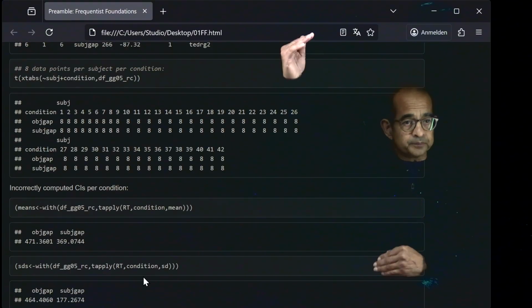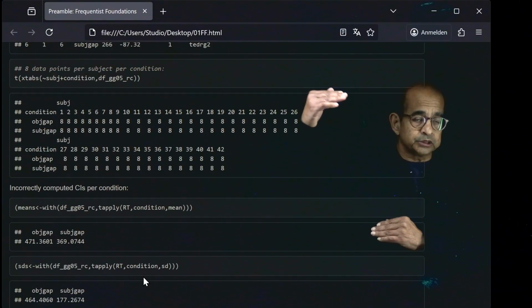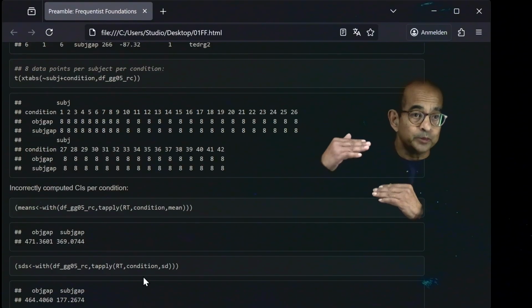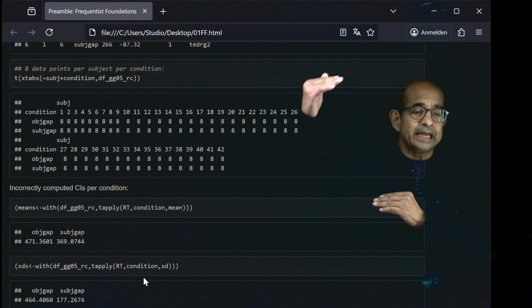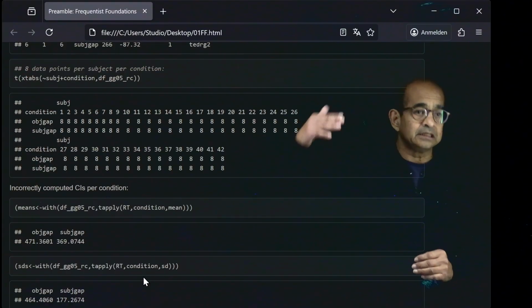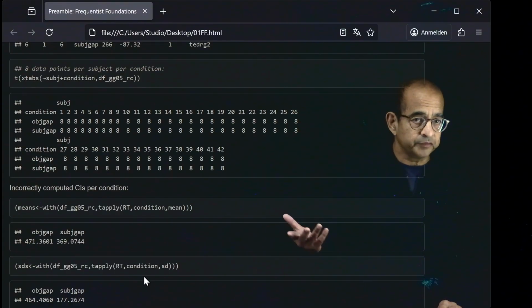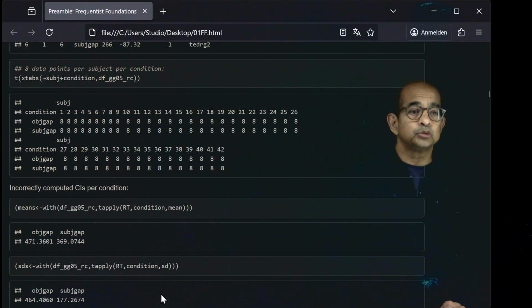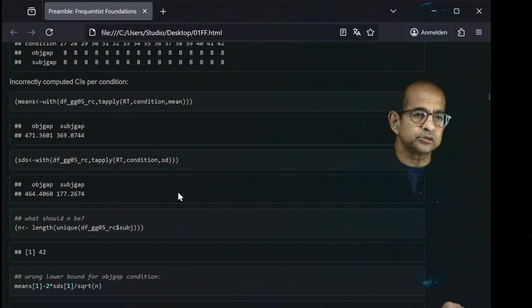We are not computing the standard deviations for each of the two conditions correctly, because we are assuming that each of the data points in each of the two conditions is independent of every other data point. We know that that's not true, right? So these two standard deviation estimates of the two conditions are actually wrong. And as a consequence, any further calculation that we do of the standard error and the confidence interval is going to be wrong. So let's do it anyway.